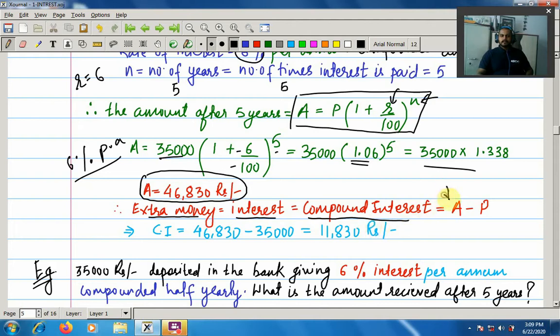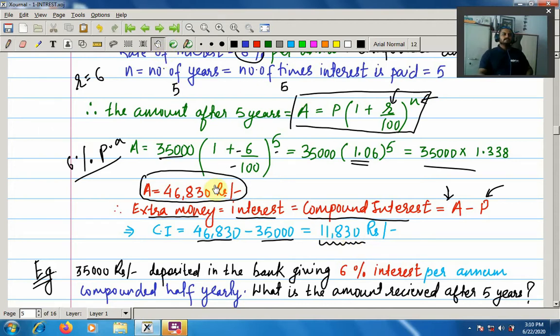Take the final amount I received after 5 years and subtract how much money I deposited or invested initially. So 46,830 minus 35,000 that I invested initially. This much money I got as interest.